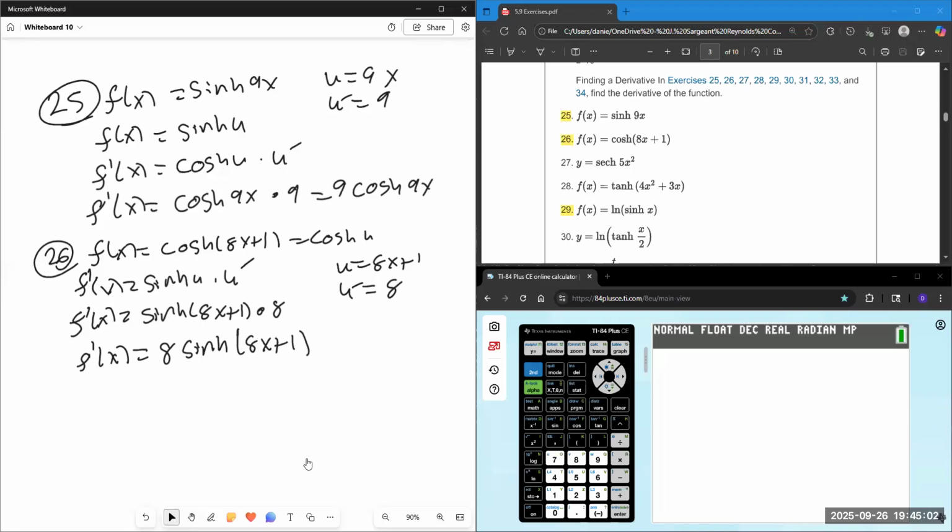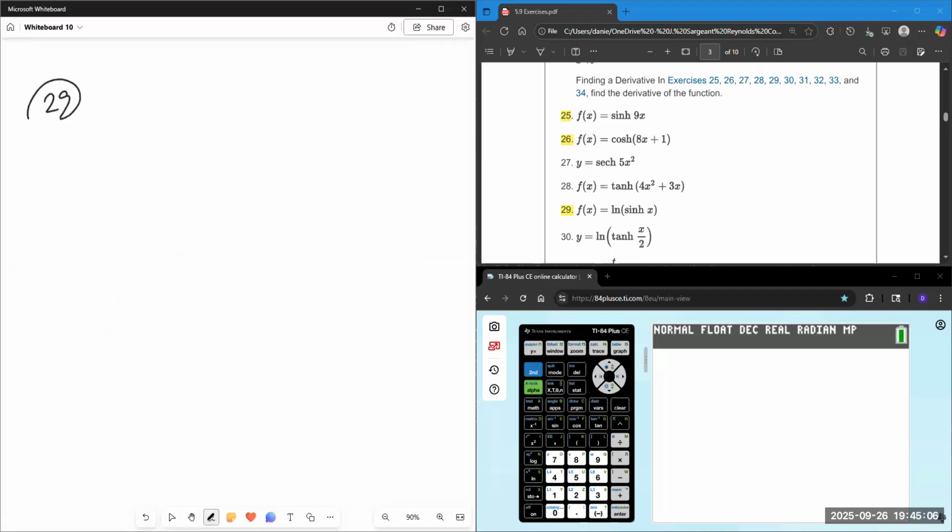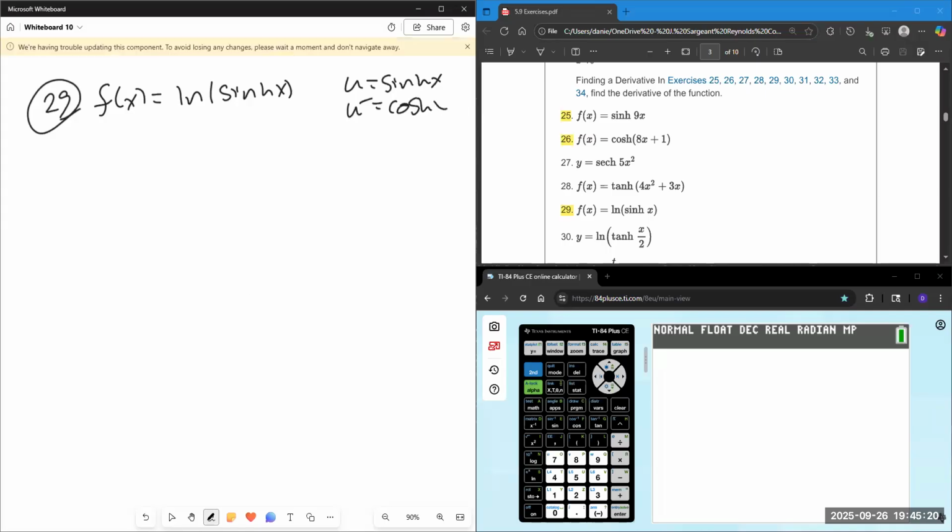Let's clear the board. Look at number 29. 29 says f of x is equal to ln of sinh x. U is equal to sinh x. U prime is cosh x. F of x is equal to ln of u.